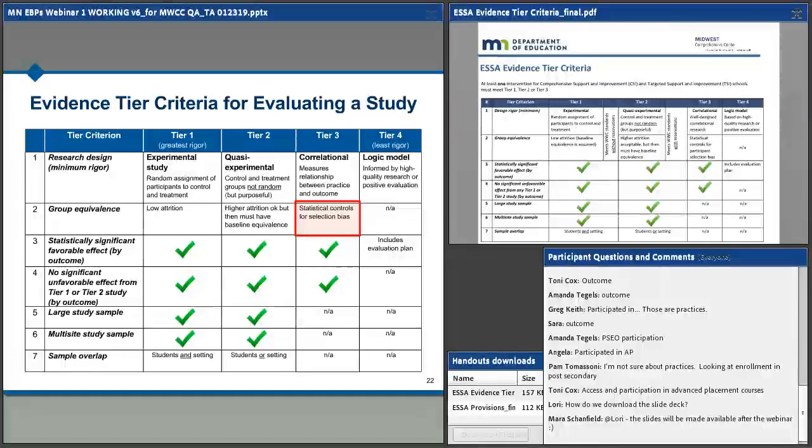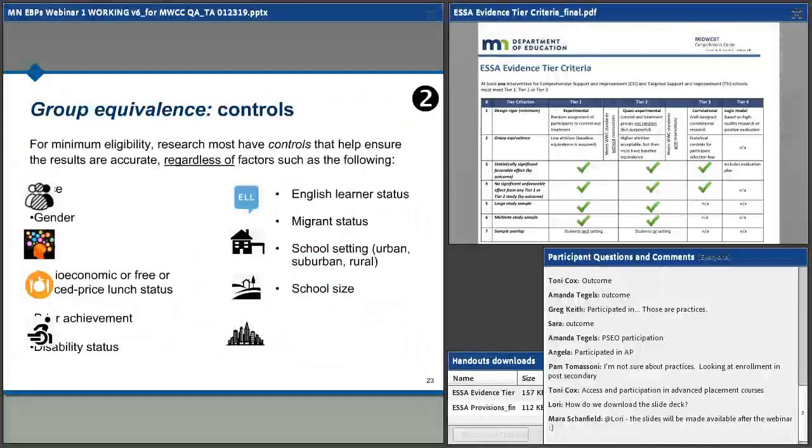But the second criteria is group equivalence. And the minimum criterion for that we see here is that there are statistical controls for selection bias in order to meet Tier 3. So it sounds fairly technical. It can be technical in practice, but the look-fors are actually fairly straightforward.